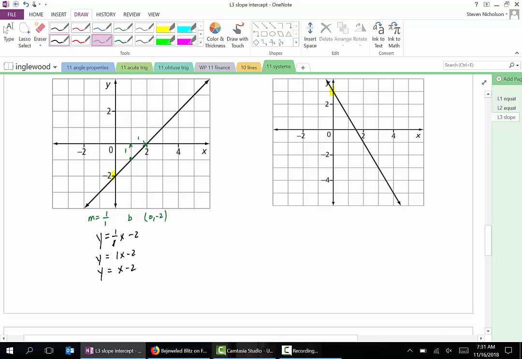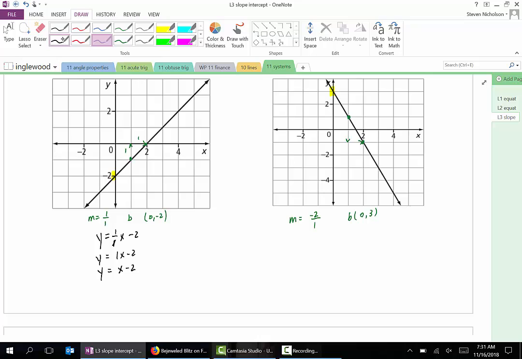In our second one, well, we've already found our y-intercept, and in order to go from one point to another, I'm just going to pick this one to this one, two nice points. I'm going to go down 2, and I'm going to go right 1. So my slope is going to be vertical down 2, right 1, -2, and we already know our y-intercept is 0, 3.